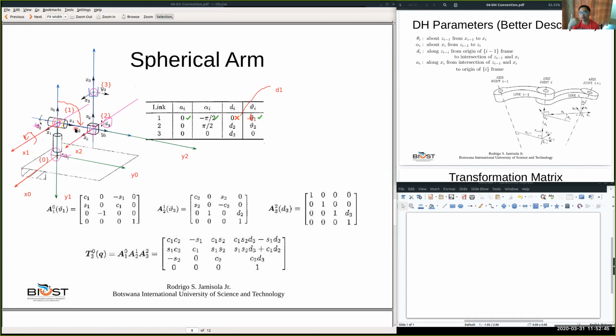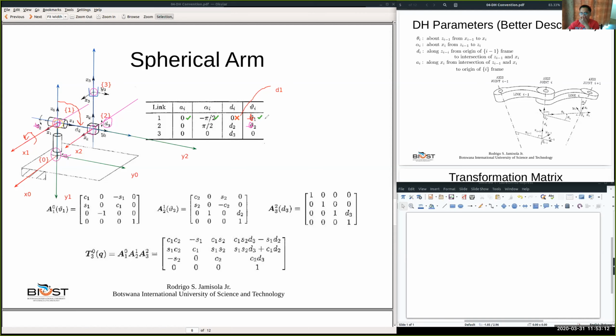In this particular configuration it is 0. But because our theta 2 is variable and it rotates about Z1, we don't put 0, but we put theta 2. Because that's a variable, although in this case it is 0. If we put 0 there, it will always be 0 and it won't change. So we have to put the variable theta 2 there. So now this is theta 2.